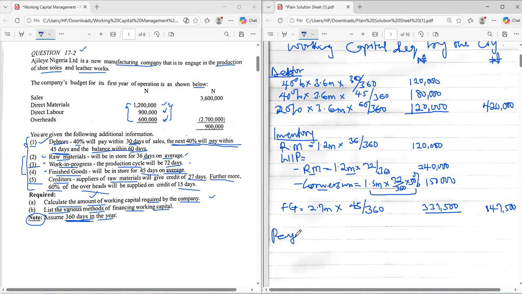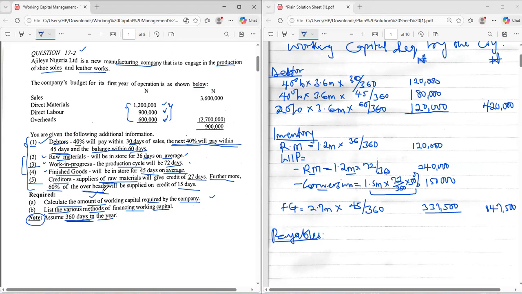So who is helping us with the payables? First thing I want you to understand is that we have two. We have payables that relate to suppliers of raw materials, and we have payables that relate to overhead. So somebody should take raw material, another person should take overhead. It's simple now.